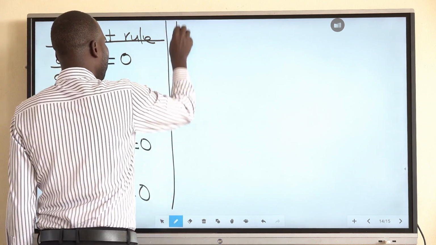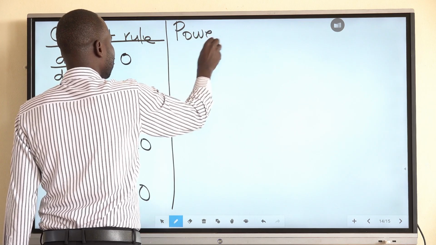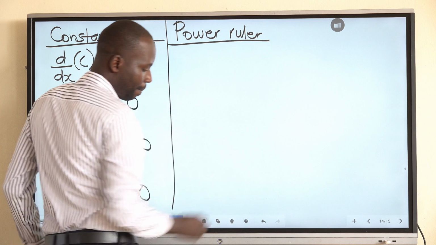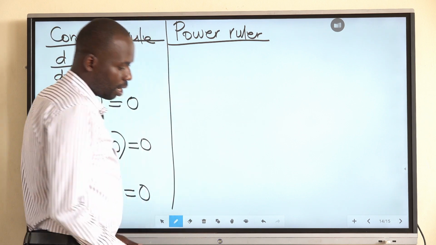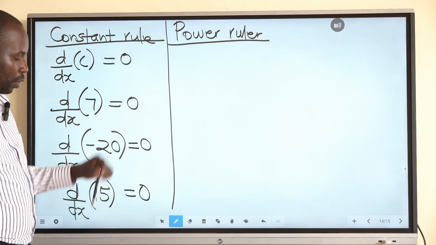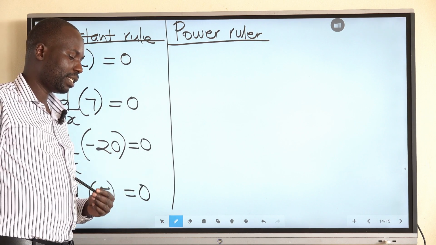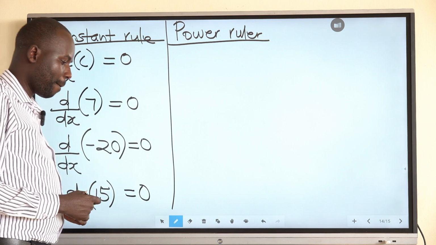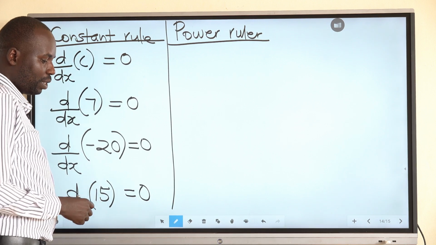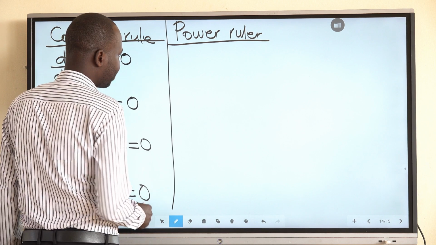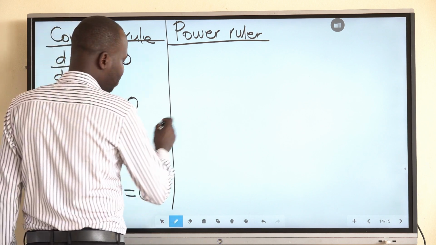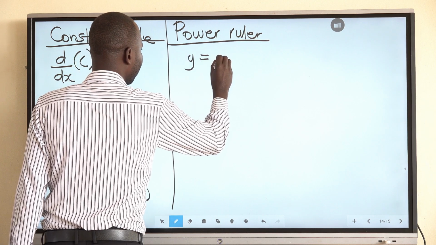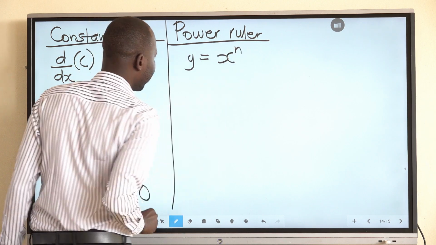Let's go to the power rule. The power rule says that we multiply the index, which can also mean power, of the given variable by the same variable with its index reduced by 1. Let's say you have y equals x to power n.